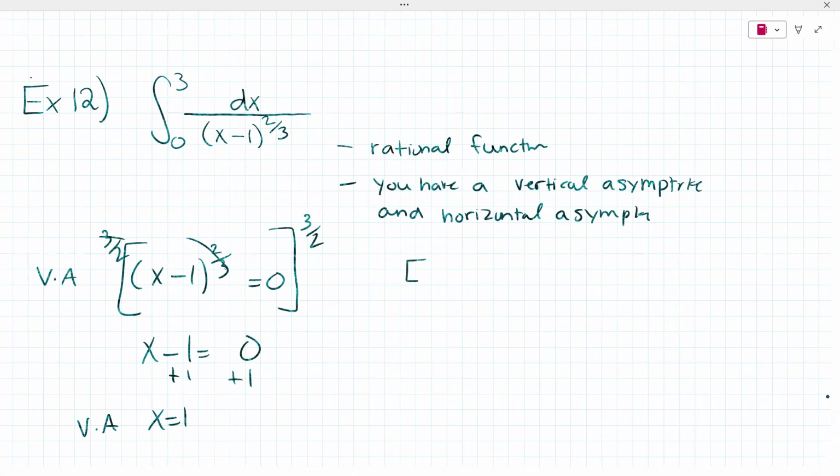The thing is, our boundary is from 0 to 3. 1 is definitely between 0 and 3, right? So we have a discontinuity there, so we're going to write it out as two separate limits.